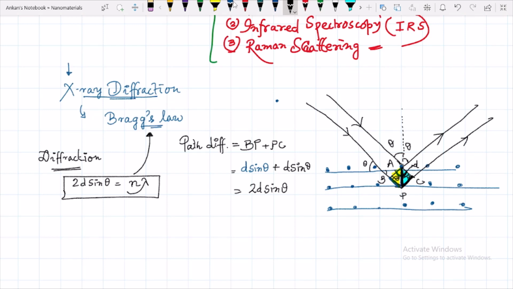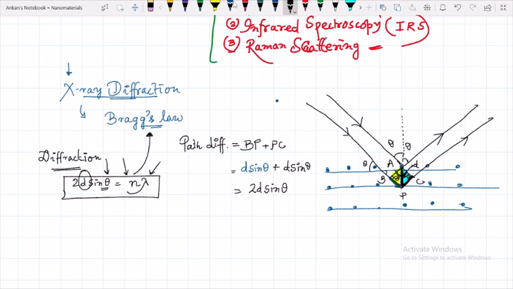So by X-ray diffraction we can get the orientation and the structure of the lattice planes, as well as, if I know the wavelength of the light used, the order of diffraction, and the diffracting angle, then we can easily determine the separation between two lattice planes. So this is the significance of Bragg's law and X-ray diffraction.